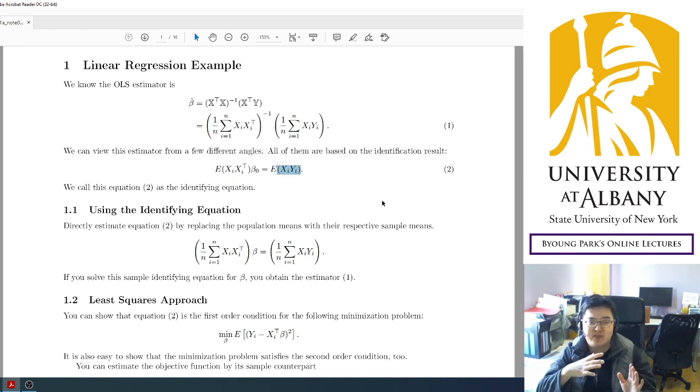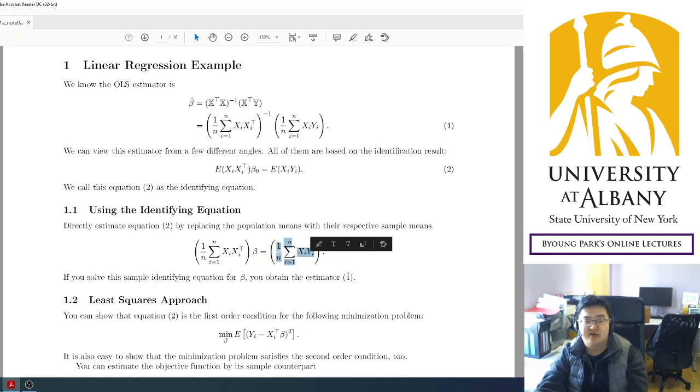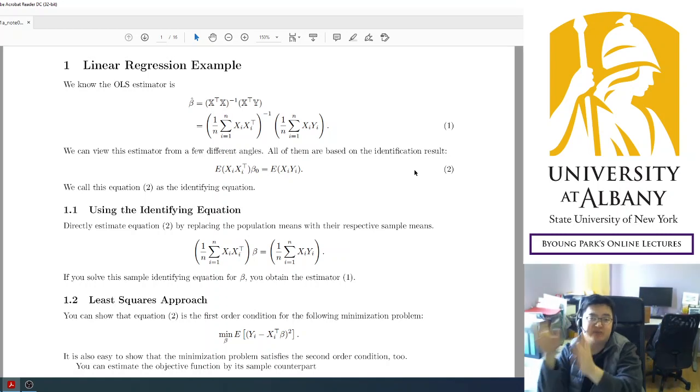The population expectation is unknown, so you replace the population expectation with the sample expectation, the sample mean. That's it. And beta is here, so simply multiply the inverse of this on both sides, and you get this. This is the first idea: replacing the population mean with the sample mean.